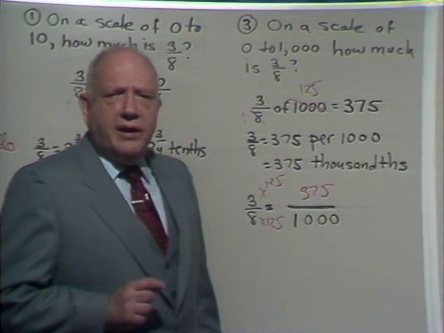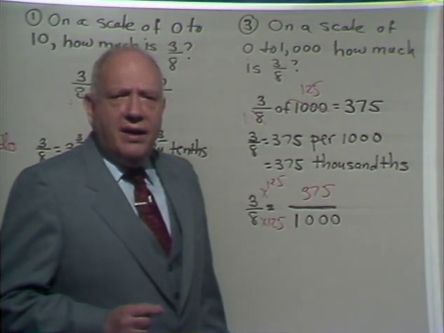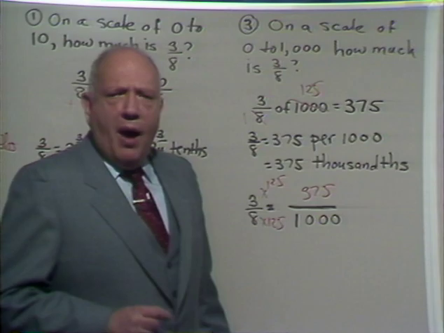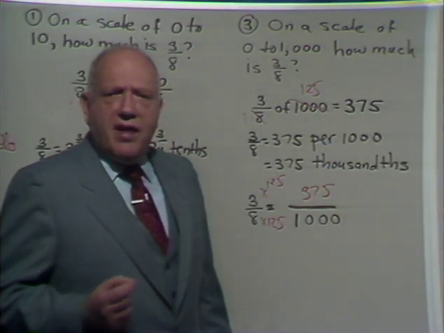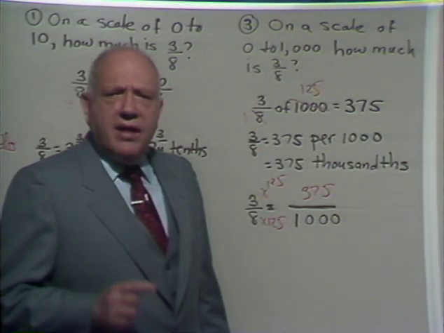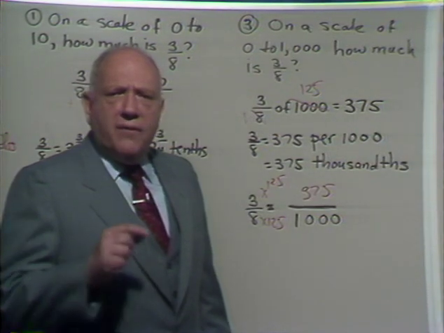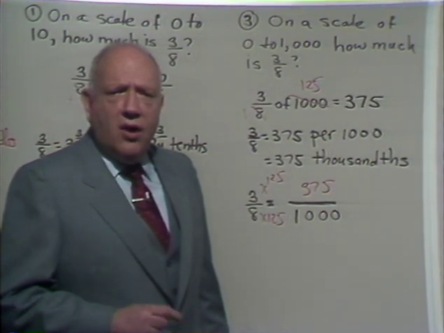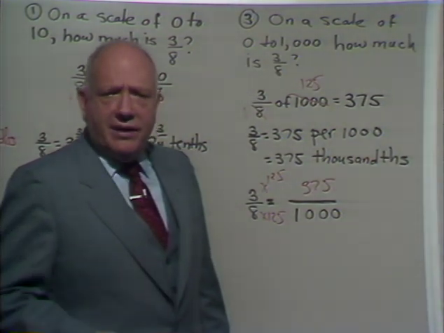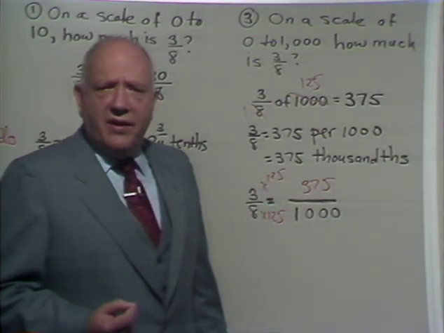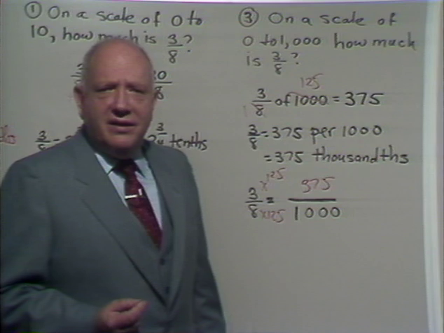When a baseball player gets 3 hits in 8 times at bat, he's got 3 out of 8 hits. And when you say, what's he batting? They say 375. And what they mean is, if he were to continue at a rate of 3 hits in every 8 times at bat, which is very unlikely, but at that rate, he would get 375 hits in 1,000 times at bat. You follow the idea?